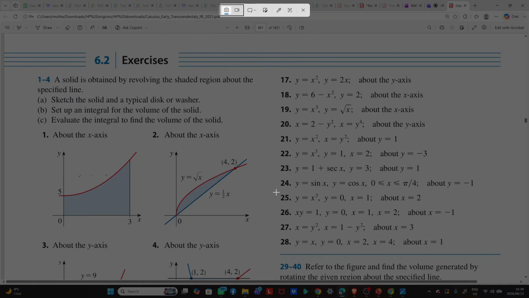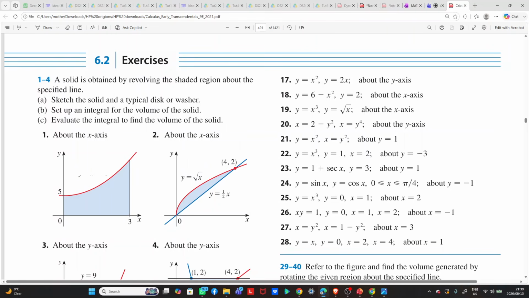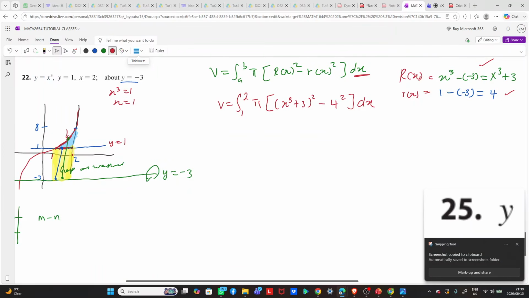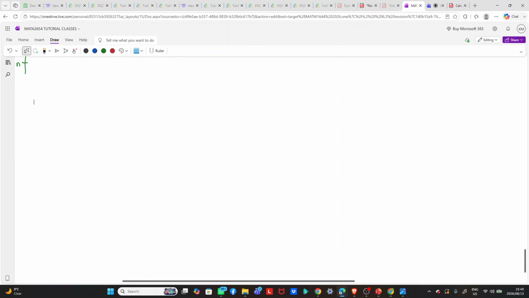So let's do it together. If we sketch that function, y equals x cubed. Yeah, this function is giving me problems when I need to sketch it.